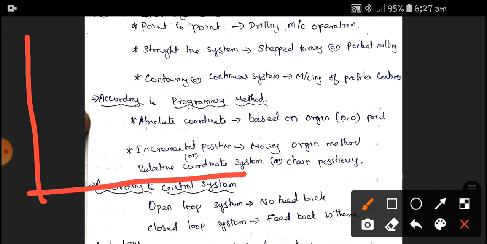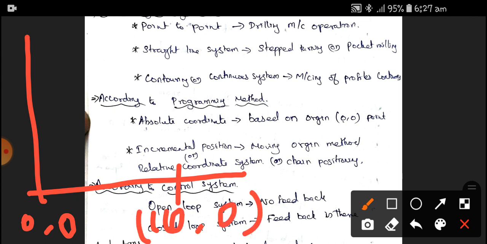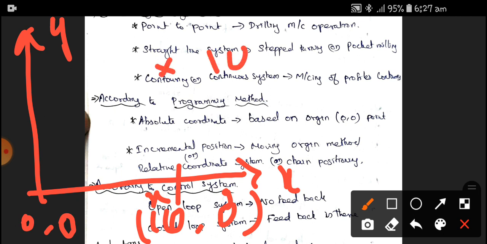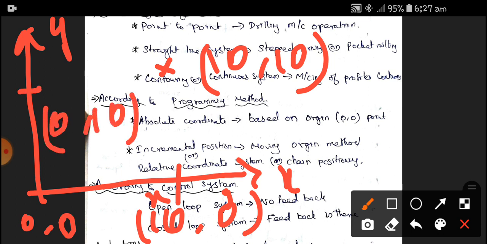In the absolute coordinate system, this is my 0 comma 0, with x and y axes. If I want to move from here to here, this point is 10 comma 0. Next, if I want to move here, it is 10 comma 10, and here it is 0 comma 10. Like that the tool path can be moved.